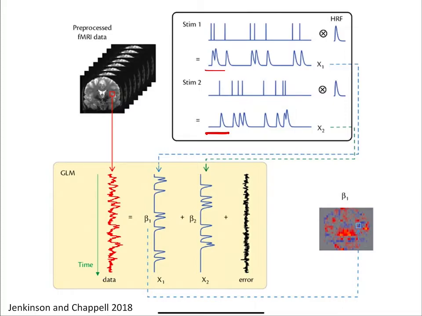We enter those regressors into our general linear model, so those form the columns of our design matrix. And then our goal is to estimate beta 1 and beta 2, and also to form test statistics based on those estimates. So this is an example of what a beta map looks like. It's these beta maps that we're actually going to send up to the group analysis.